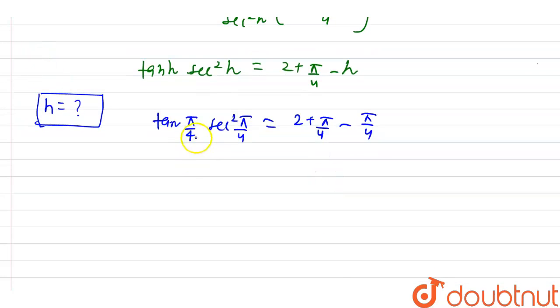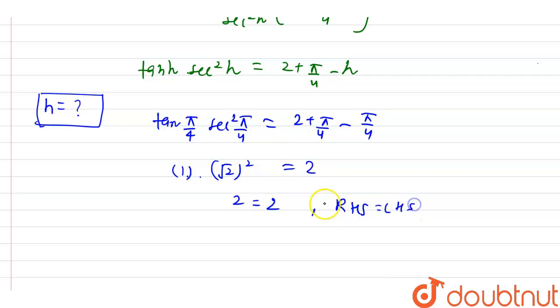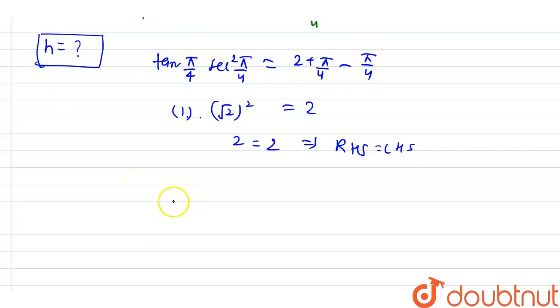Solving this, tan pi by 4 is 1, into sec pi by 4 is root 2, and root 2 square is 2, because this pi by 4 will cancel out this pi by 4. It will be 2 equals 2. We can say RHS equals LHS. Hence, h equals pi by 4 will satisfy. So I can write here my h is pi by 4.